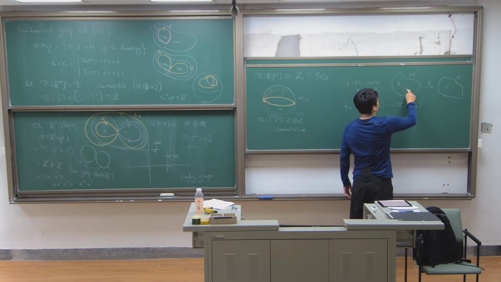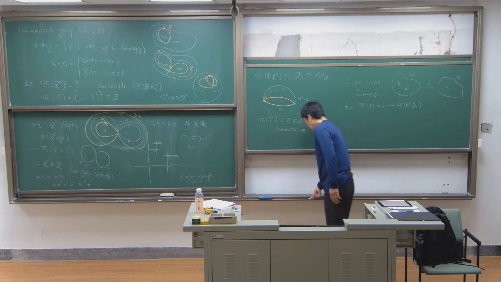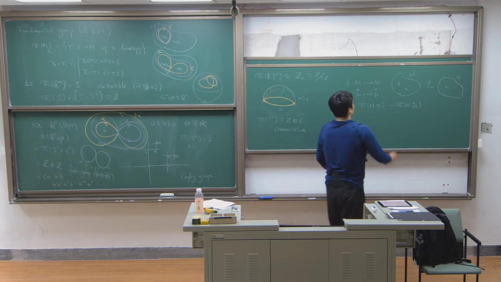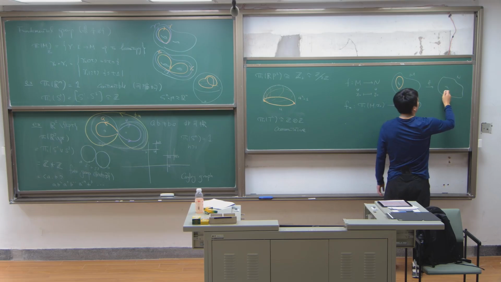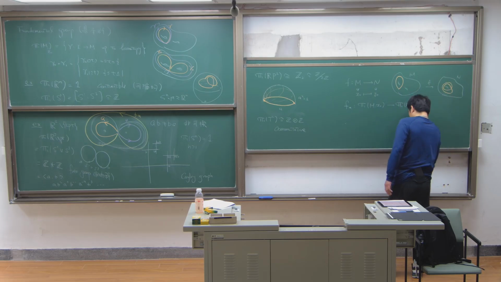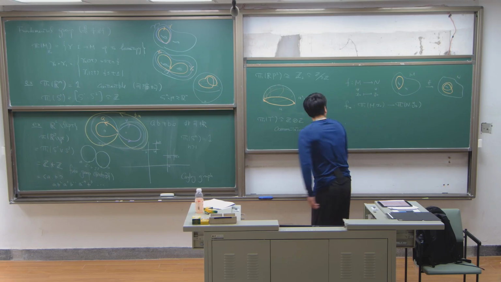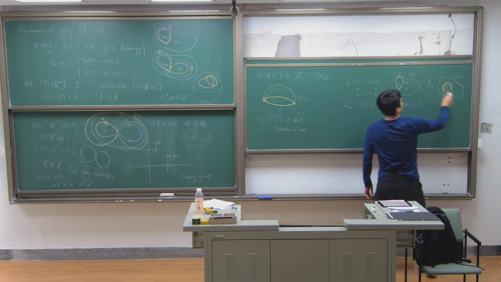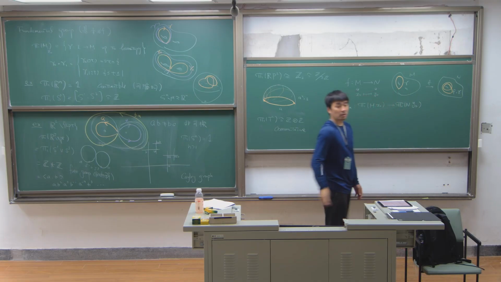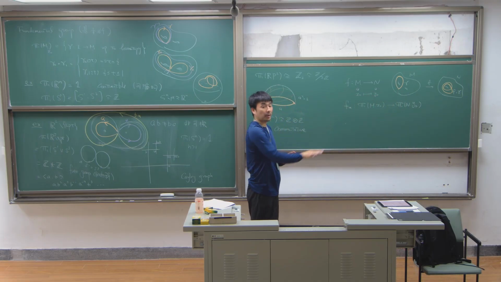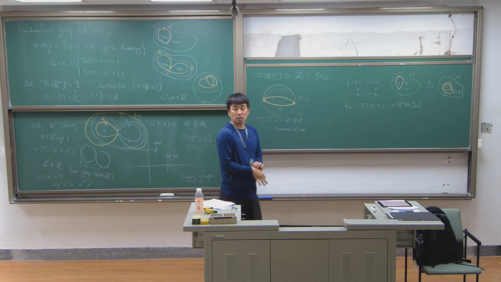Then if you have a path like this, it can be mapped by f. This is gamma, and this is gamma composed with f. So you can map between two topological spaces.